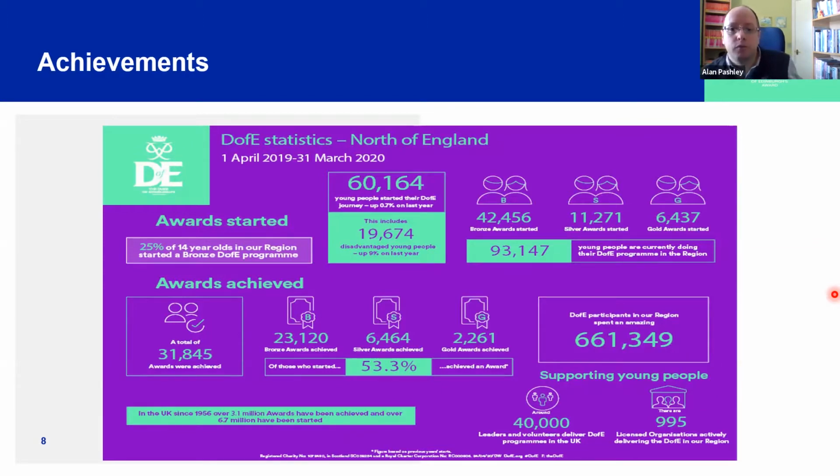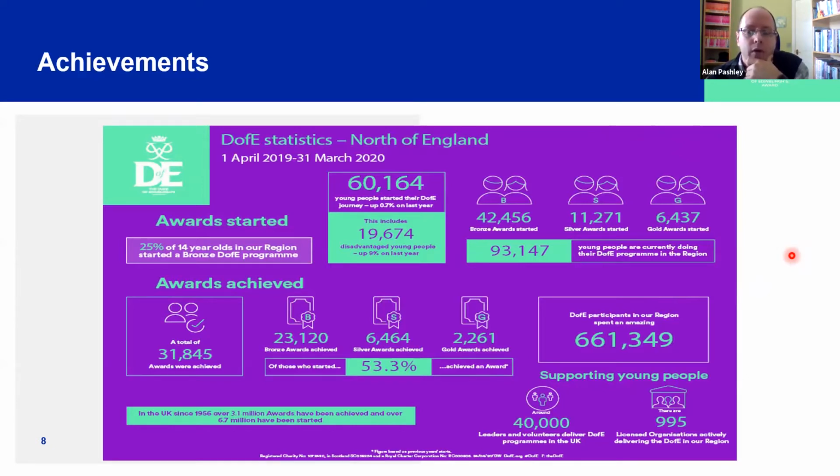We've got about 40,000 volunteers and leaders that are really integral to the programme being delivered, and that's the UK stat. So you'll come across lots of those leaders in the work that you do. In the top right here, we've got a breakdown of how things look, and this will be reflected in other regions throughout the UK as well, for the Bronze, Silver and Gold participation figures.